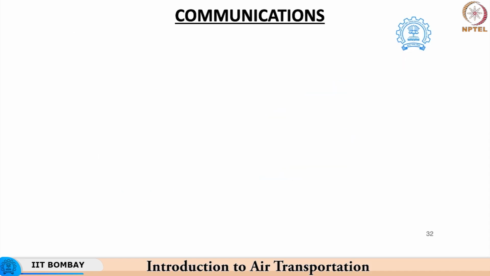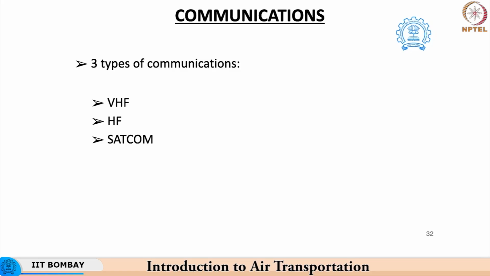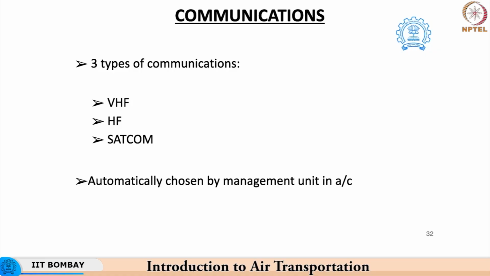The third, so now we will look into the details associated with the communication subsystem of the CNS system of the aircraft. The communication basically happens in three ways. Either the communication happens through VHF communication or HF, which is more notably called the airband radio, or SATCOM communication. The CNS system on board the aircraft will select any of the three systems based on the availability in the particular region of operation.